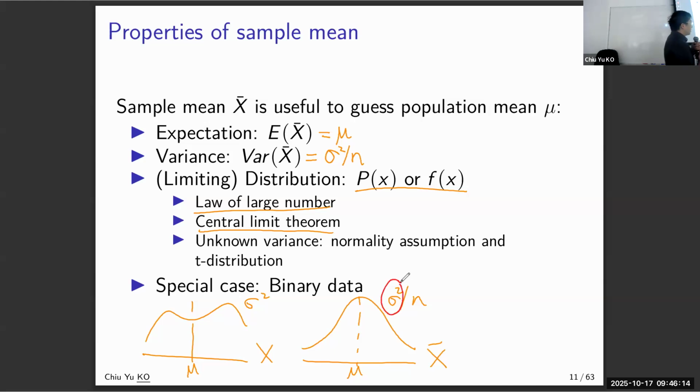This is not that easy to get. And if you don't know it, then how do we proceed? Unless we know sigma squared, this description is not very useful. I know it follows the bell curve, but I don't know the variance of it, because I have no idea about this guy. Then how can we proceed?